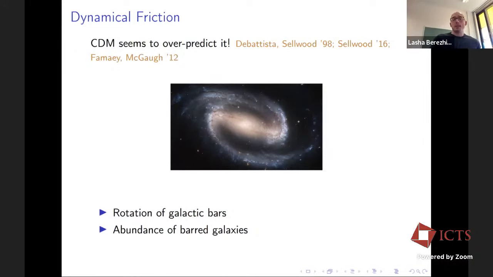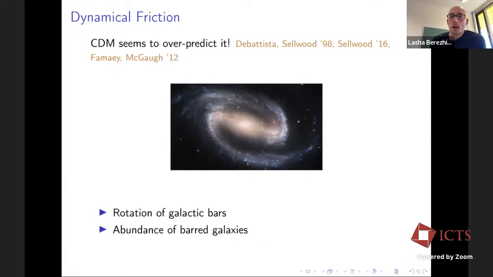And the point is that the increase in the merger rate would also mess with the abundance of barred galaxies versus galaxies that don't have bars but have bulges instead. There is also another system, the Fornax dwarf spheroidal galaxy, which has a few globular clusters orbiting it.